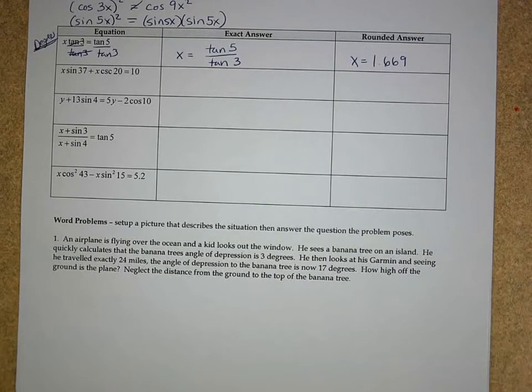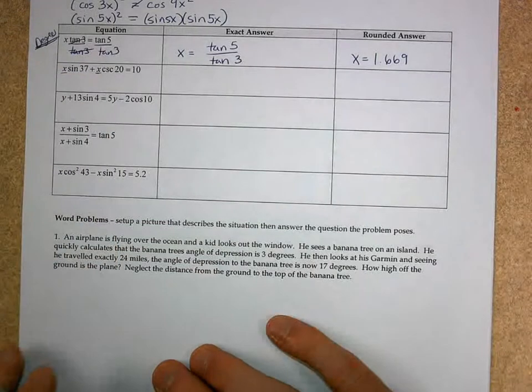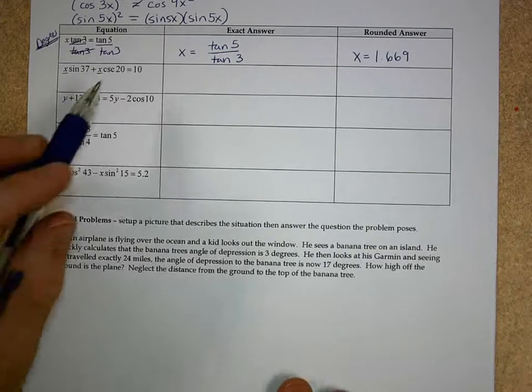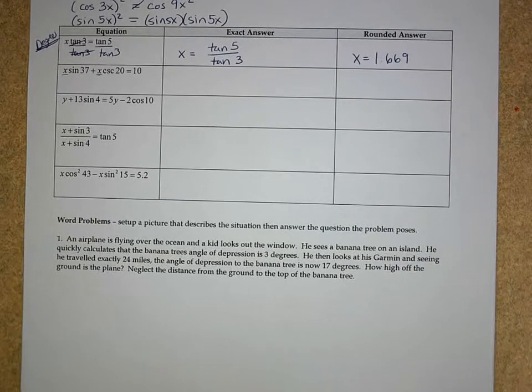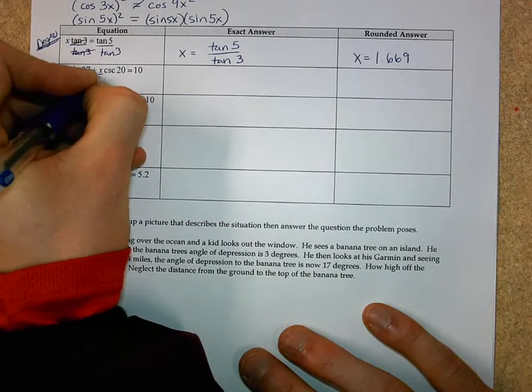The second example here, x times the sine of 37 plus x times the cosecant of 20 equals 10. This I've got the x's in front. And if the x's are in front of the trig functions, I can factor out without a problem. If they were inside here, inside the sines and cosecants, I couldn't do that. So this one is showing that I can pull the x out in front.